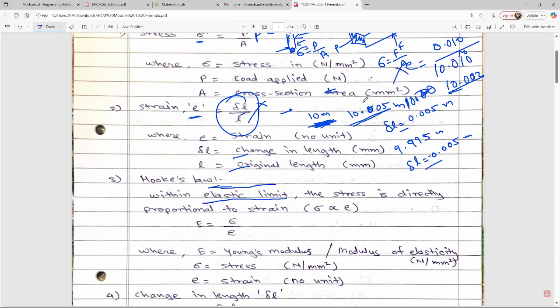Strain is only considered if the length regains its original size after removing the load. For every formula, the material must regain its original shape or size after removing the load, then only all the formulas will work.